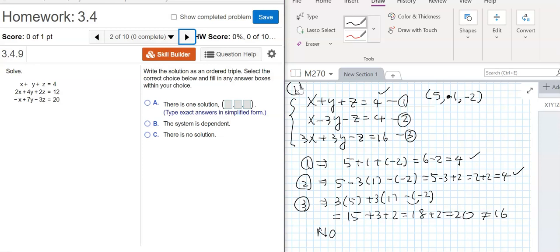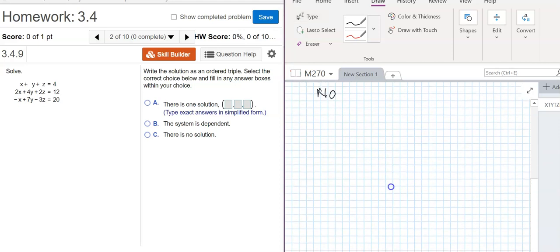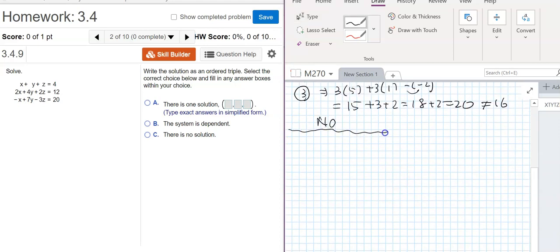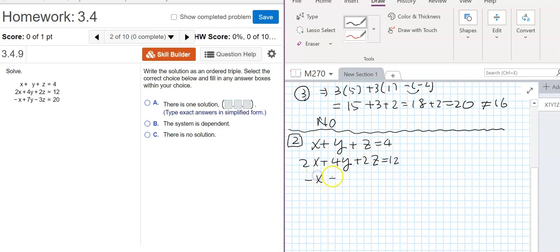Now, this time, they want you to solve this system of equations, okay? So let me just put a little line there. And then number 2: x + y + z = 4, 2x + 4y + 2z = 12, and -x + 7y - 3z = 20.